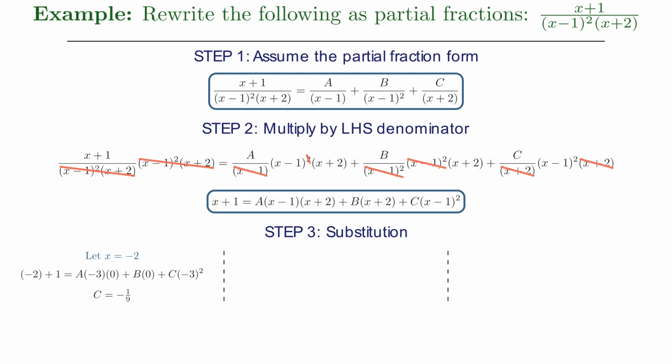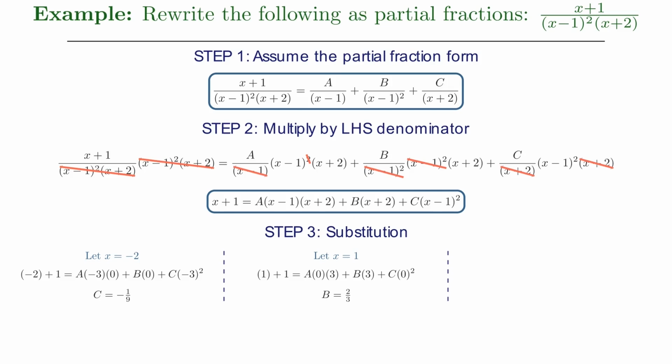So to do this, I let x equal 1. Substituting in x equals 1, we get 1 + 1 is equal to A times 0 times 3 plus B times 3 plus C times 0 squared. And simplifying, dividing by the 3, we get that B is equal to 2/3.